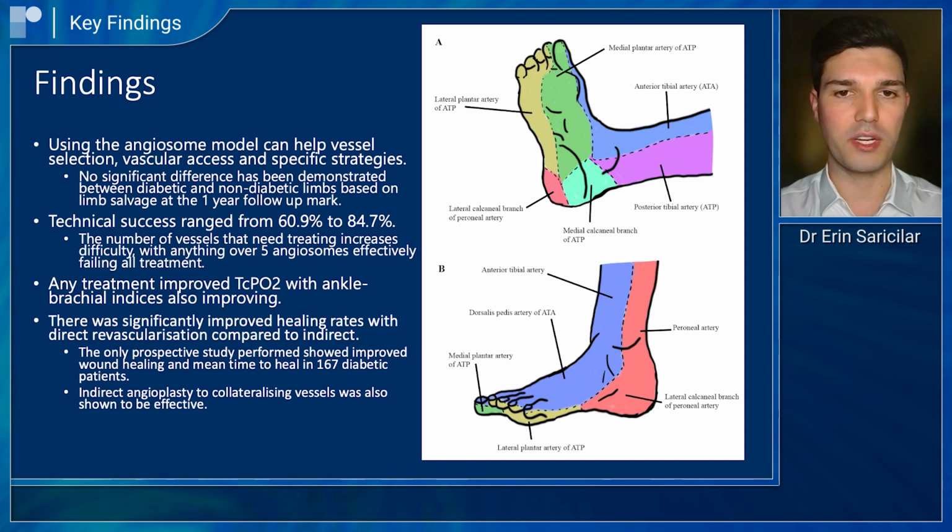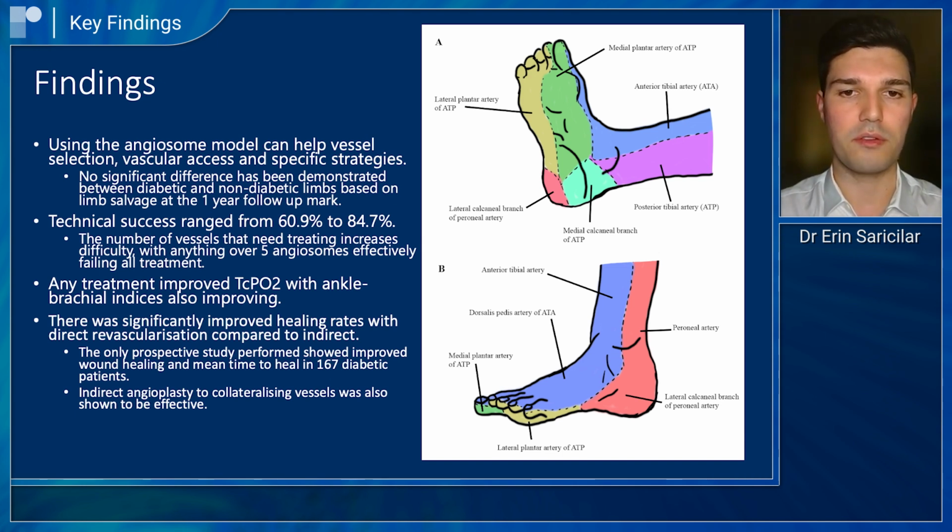When it came to more extensive ulcers, we found that the more angiosomes that were being covered, the more likely the treatment was to technically fail. And if more than 5 angiosomes were being targeted, it was effectively impossible to heal that ulcer through purely an endovascular method.